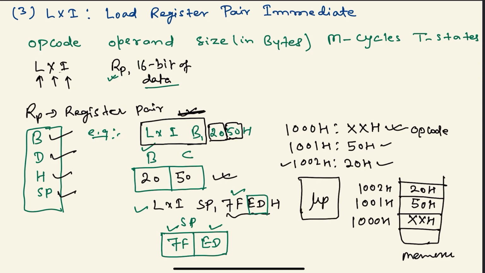Whenever we press the execute button, these bytes will be transferred into the microprocessor by use of the address line. Now first of all we'll see the size.